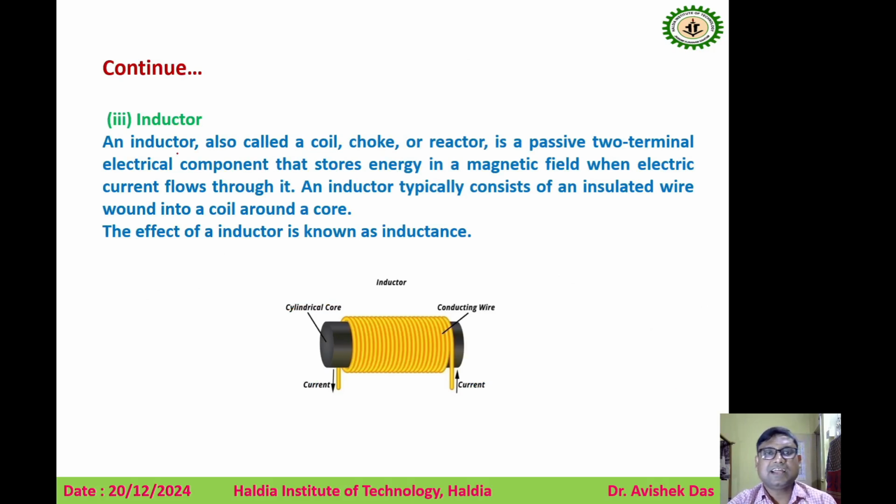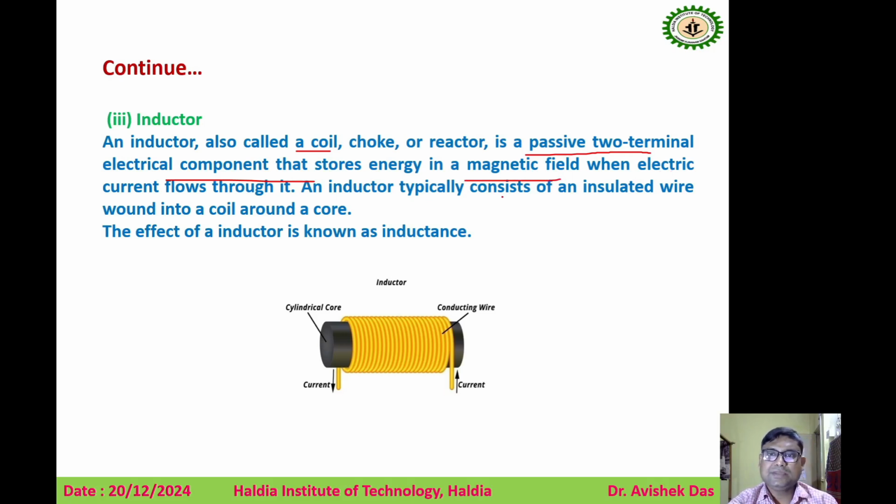So what is an inductor? An inductor is also called a coil. It is a passive two-terminal electrical component that stores energy in a magnetic field. An inductor can store energy in the form of a magnetic field when electric current flows through it.